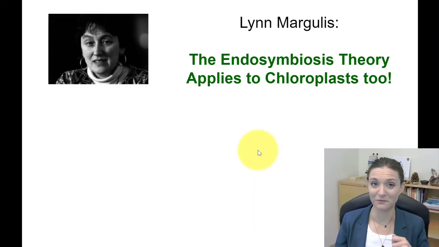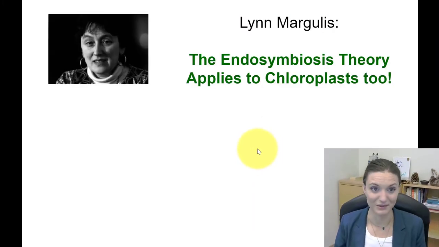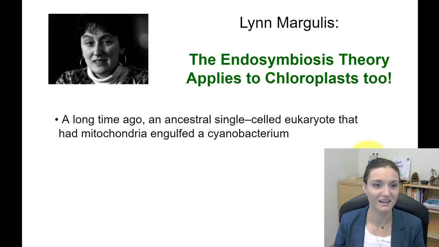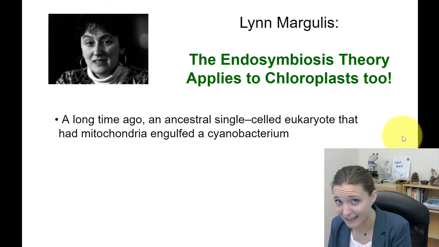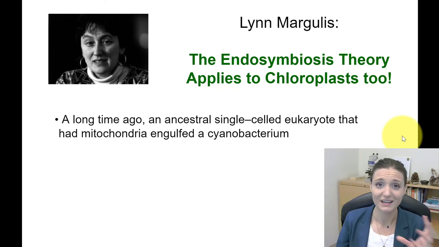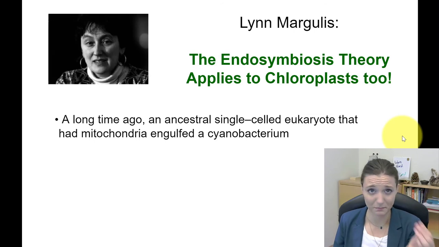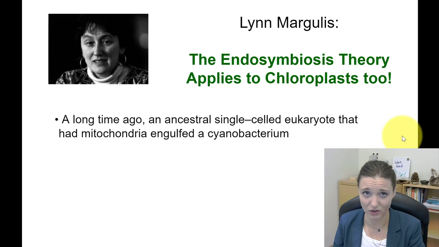Again, our friend Professor Lynn Margulis says, hey, it makes sense. We could apply this idea of endosymbiosis theory to chloroplasts as well. A single ancestral eukaryote that already had mitochondria. Okay, so we already had a eukaryotic cell with mitochondria inside. That proteobacterium that was living inside, now it's just a mitochondria.